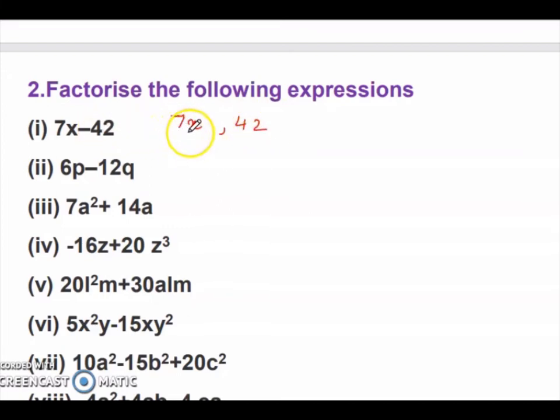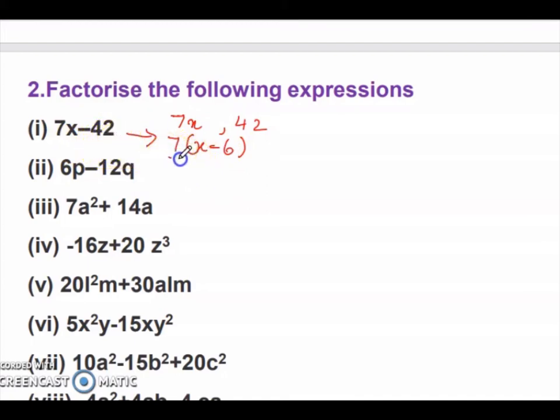So you can take 7 outside the bracket and write it like this. This expression can be written as 7 multiplied by x minus 6. When you open the bracket, you will get back the same expression, 7x minus 42.